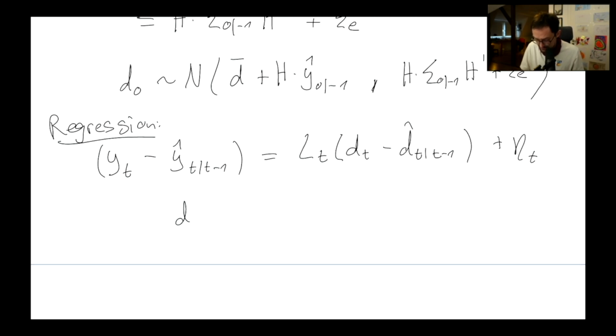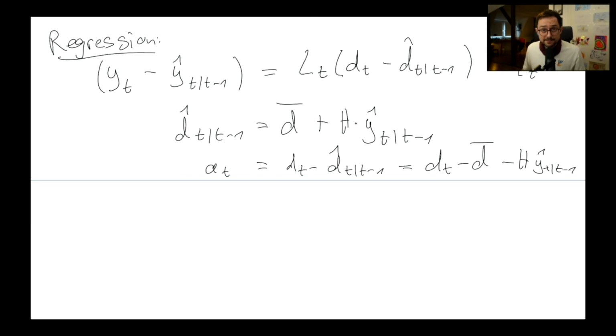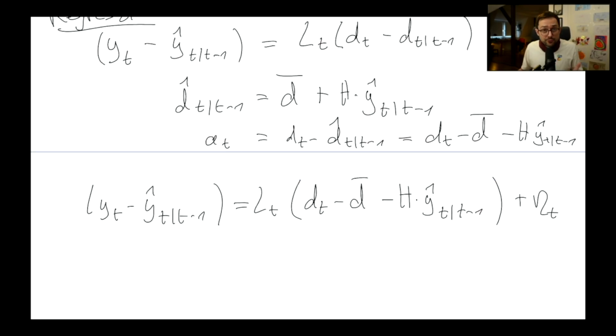Okay, so d hat t given t minus 1 is d bar plus h times y hat t given t minus 1. Let's define the forecast error with little a. So that is dt minus d hat t given t minus 1. So that would be d minus d bar. Plug it in. The implied regression equation is then given by... Now, the problem is we don't have the left-hand side.